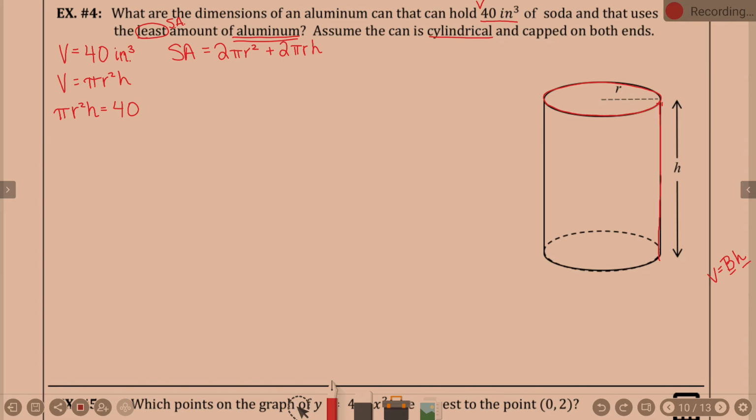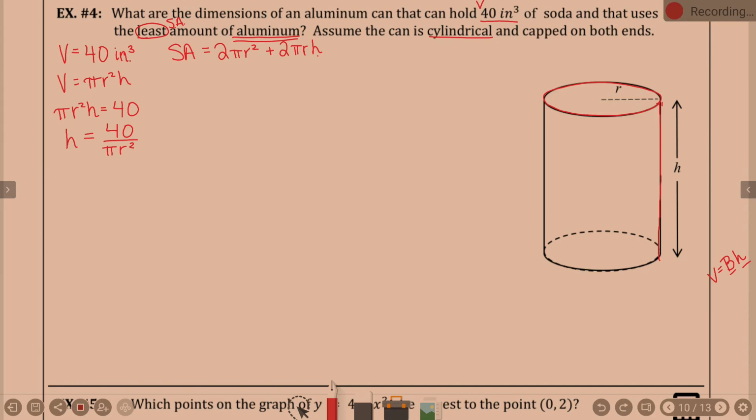So, in our surface area, which one's easier to get rid of? Probably the h, because there's just one h. So take your volume formula and solve it for h, so we can then plug it in over here, and it'll be in terms of r. So what is h according to volume? 40 divided by pi r squared.